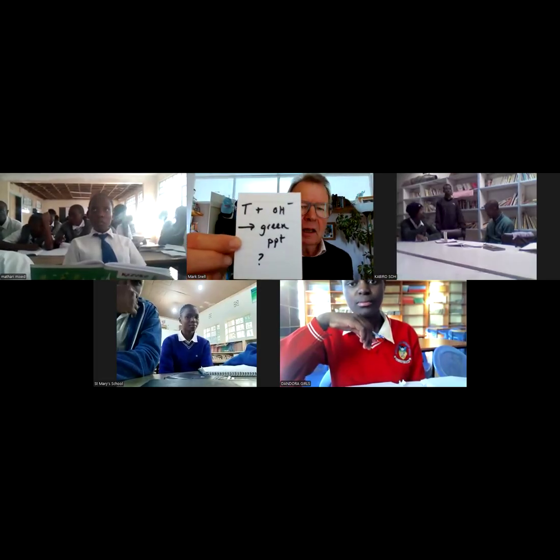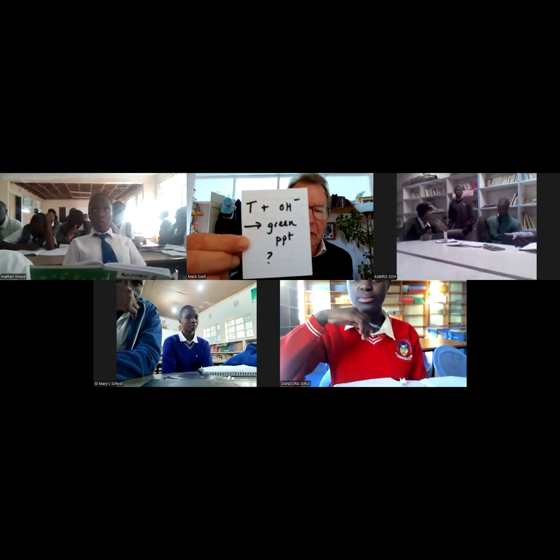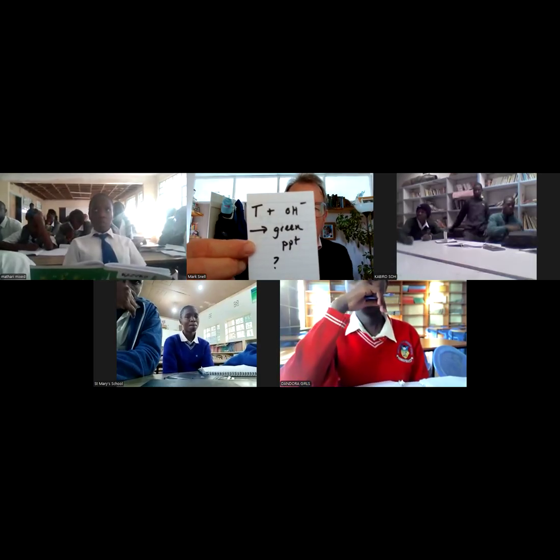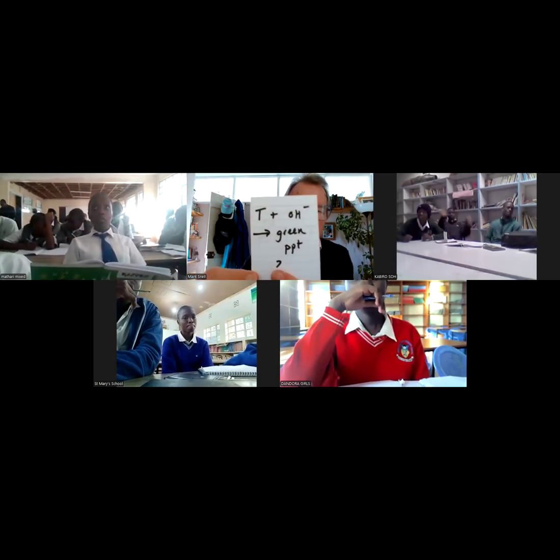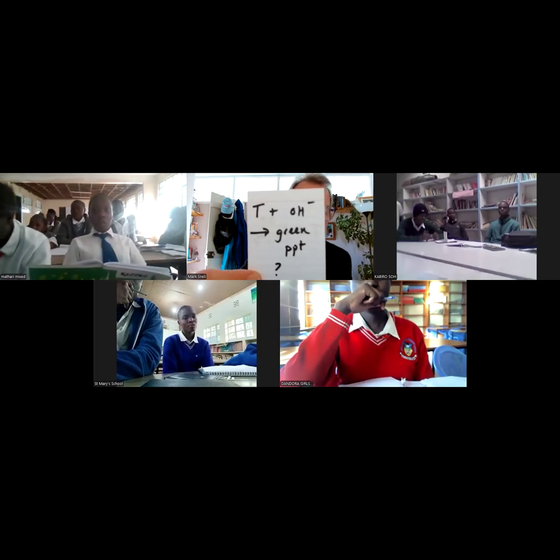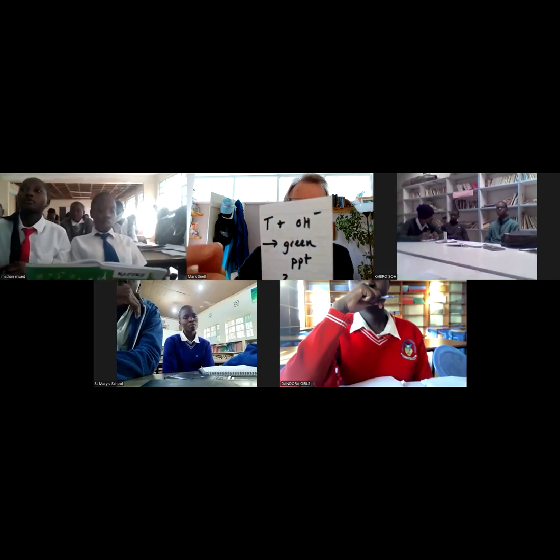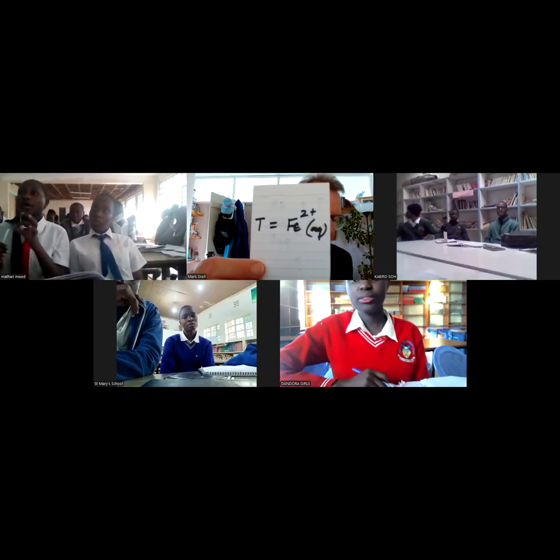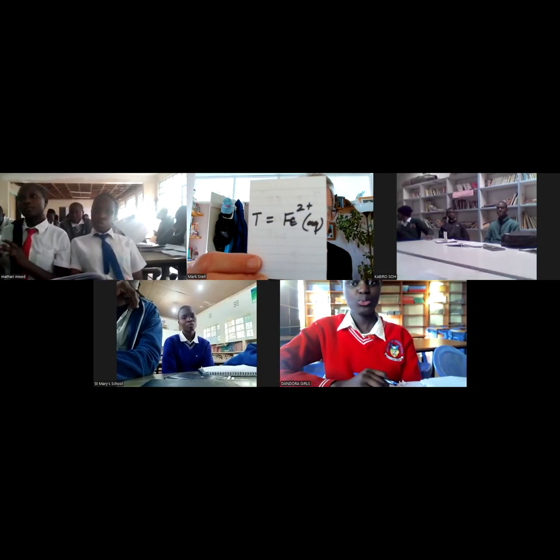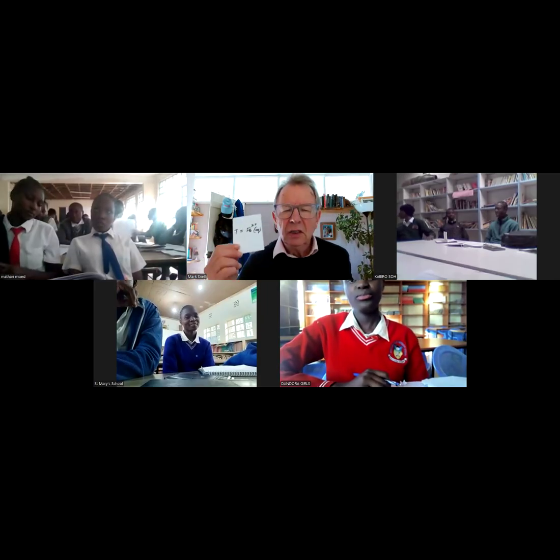They are little cards where we put a question on one side and the answer on the other. If T plus OH minus gives a green precipitate, what is T? T is iron 2, Fe2 plus.